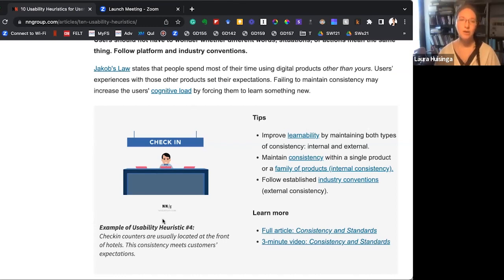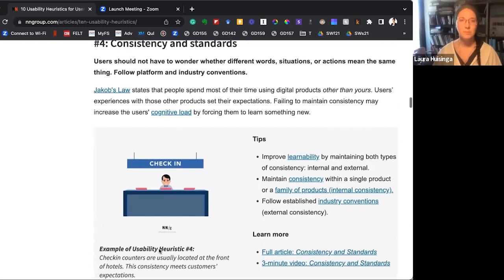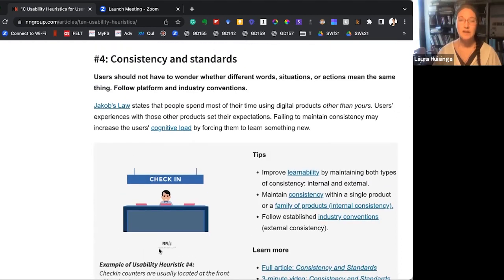So thinking about how that translates to a digital space, a common standard that is currently used is the 3 bars for a hamburger menu on a mobile device. This is now a standard. Most people understand that if they click on 3 stacked bars, they're going to get a menu that they can then navigate.